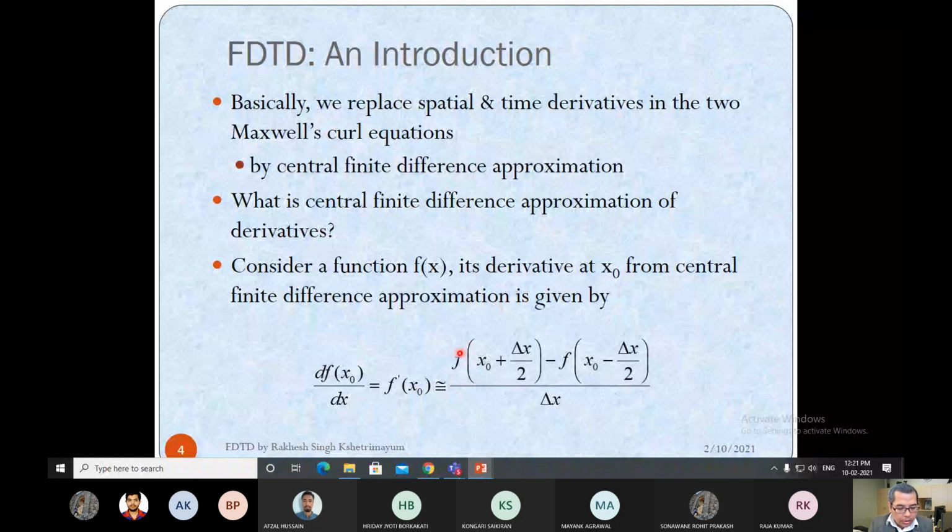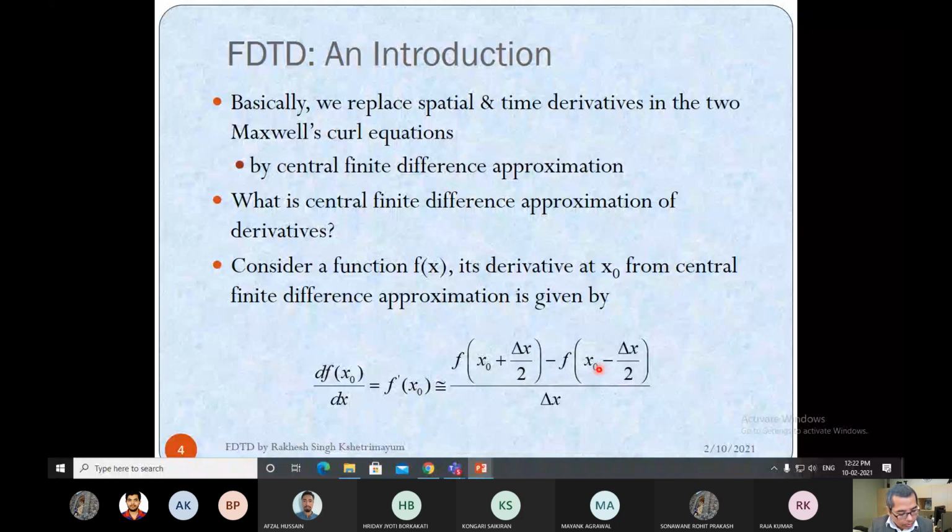Here, instead of just calculating on one side, we calculate the function on both sides of x naught. So we calculate f of x naught plus delta x by 2, minus f of x naught minus delta x by 2, divided by delta x. The interval is delta x, but we calculate the function at x naught plus delta x by 2 and also at x naught minus delta x by 2, then we find the derivative.